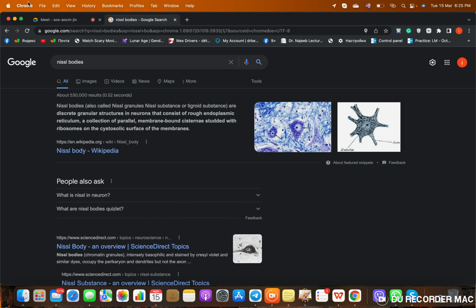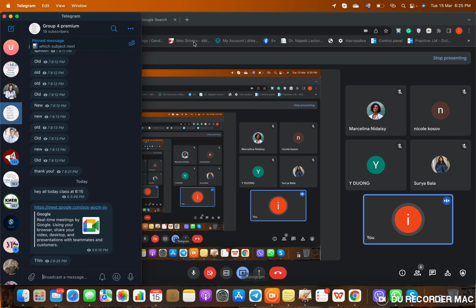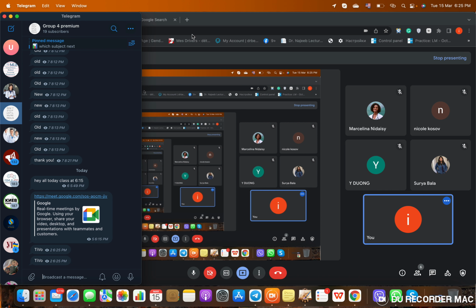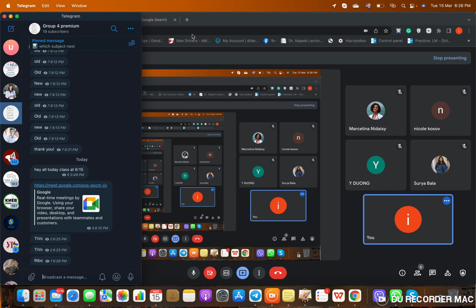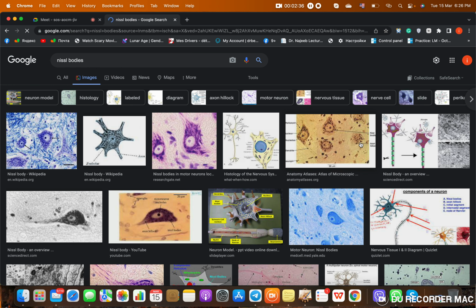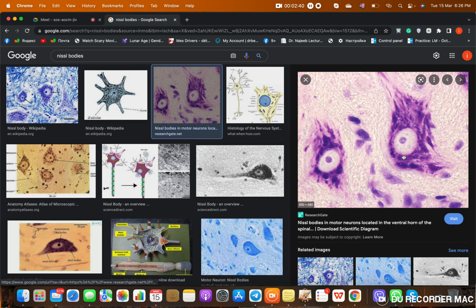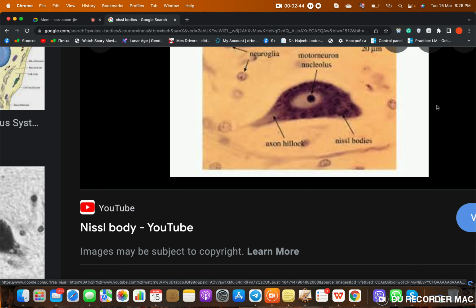Well, actually, the thing that makes it rough is going to be the ribosomes. It's the ribosomes, guys. Okay, so you can see here, inside of the neurons, there are these things surrounding the nucleus. This is rough endoplasmic reticulum, also known as Nissl body.